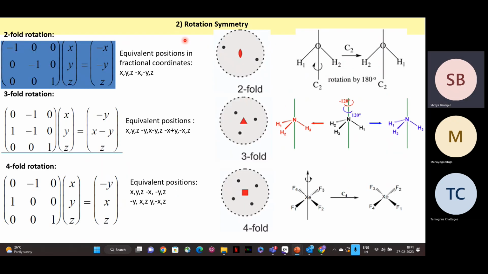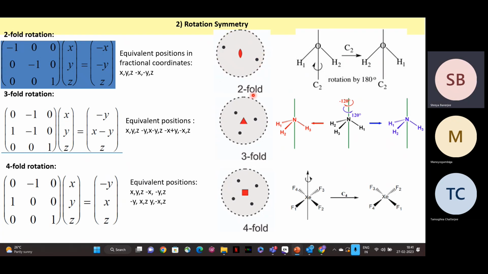Next, if we look at rotation symmetry, the two-fold rotation is basically a rotation by 180 degrees. If you have an axis passing through the center of the circle, perpendicular to the plane of the slide, and you rotate it 180 degrees along that axis, then these two points will interchange their positions, but the overall molecule will be the same.